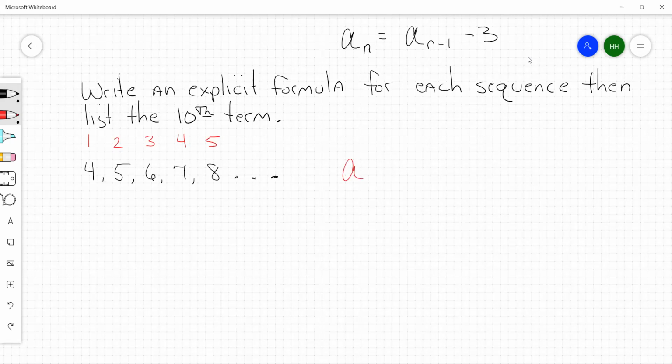It's A sub n is equal to, you refer to these numbers up top as n. So it's going to be n plus 3. So your A sub 10, your 10th term in this sequence, is going to be equal to 10 plus 3. So your A sub 10 equals 13.